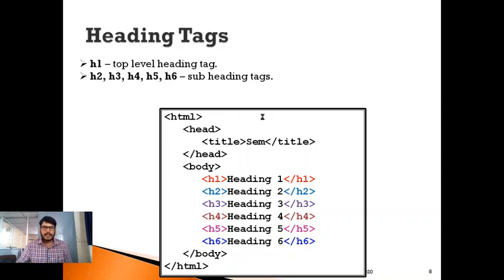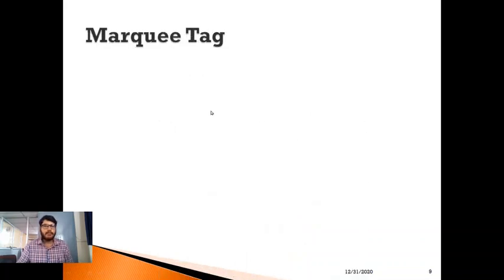So the next tag is marquee tag. You might have observed that in some web documents or web pages, some of the text is moving from left to right and right to left. It might be something like notifications or notices.